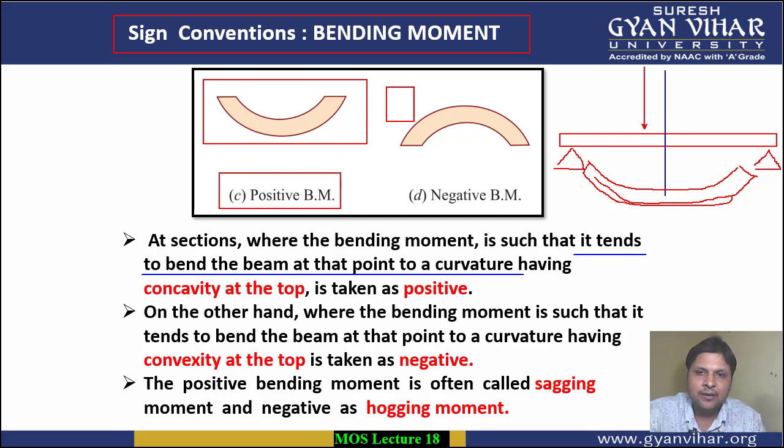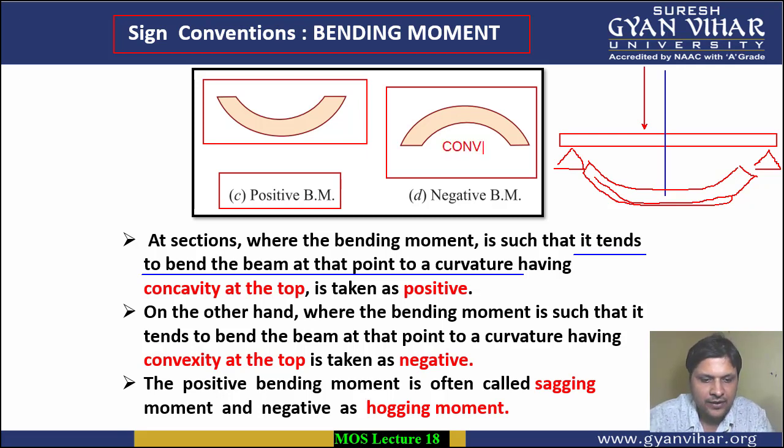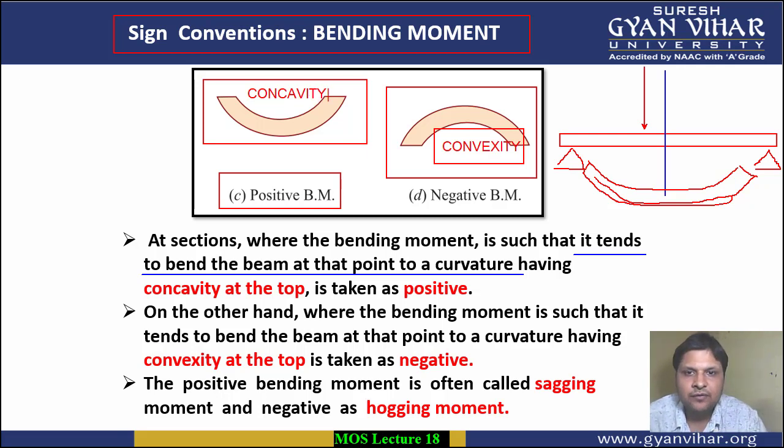And when the loading bends the beam in this way, means you have convexity at the top, then that is known as negative bending moment. So concavity at the top is positive bending moment, and convexity at the top is known as negative bending moment.